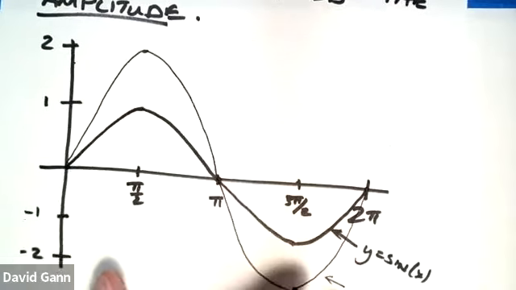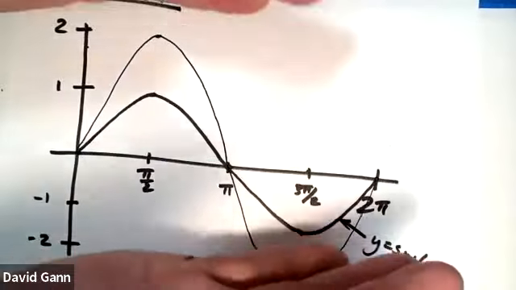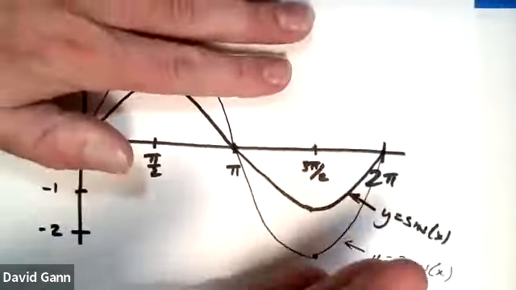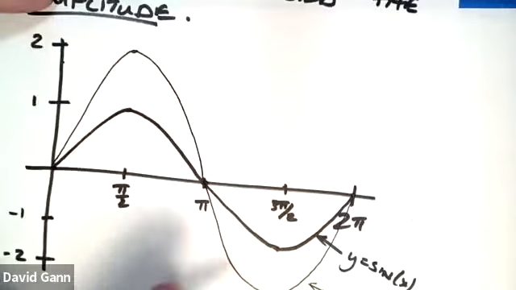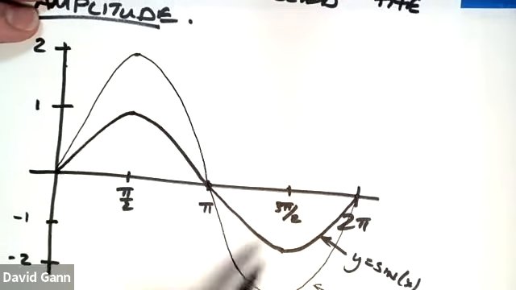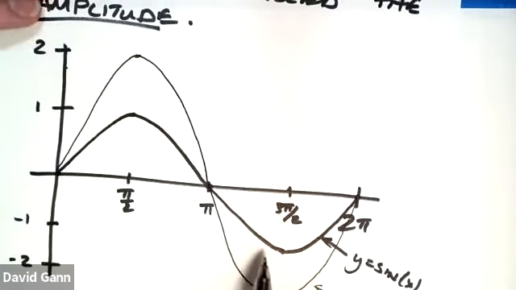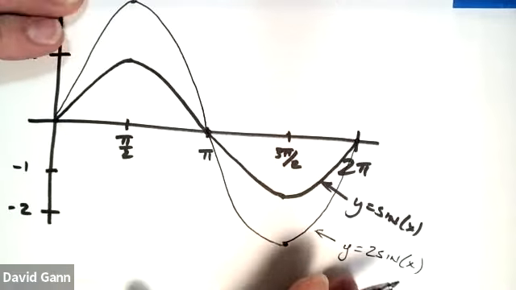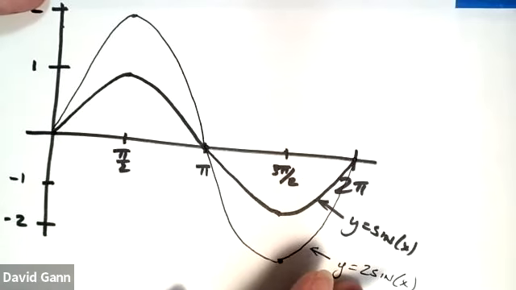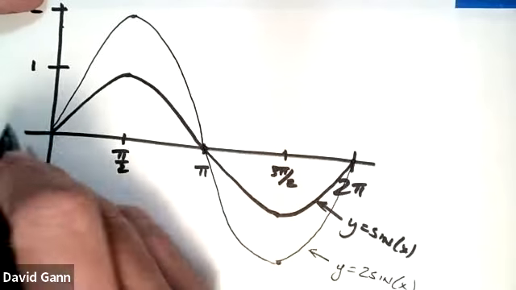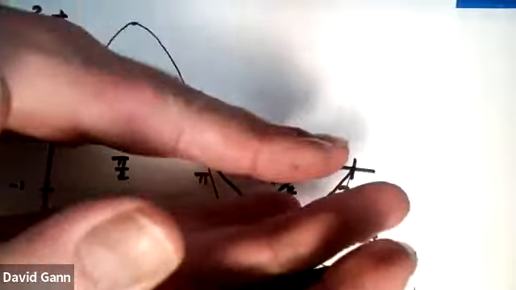So as a gets larger, this graph stretches vertically, right? You get a vertical stretch that happens. If we had 3 sine of x, well, it would go all the way up to 3 and all the way down to negative 3. What about if we have 1/2? So 1/2, it will actually kind of shrink.